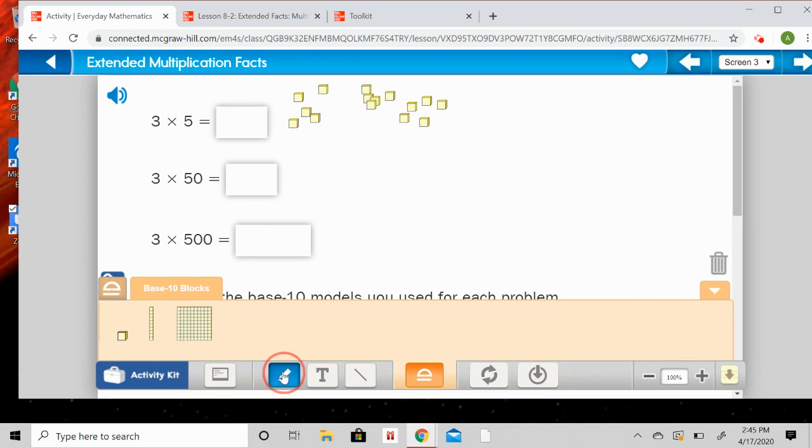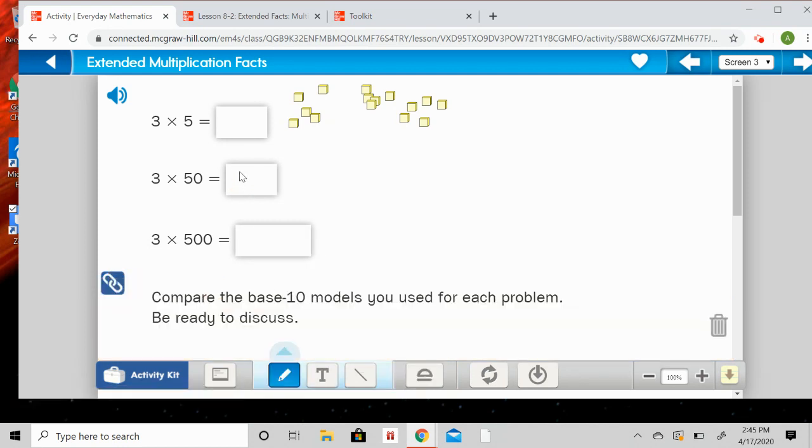So I know 3 times 5 equals 15. So I'm going to take my pencil and I'm going to write in 15.